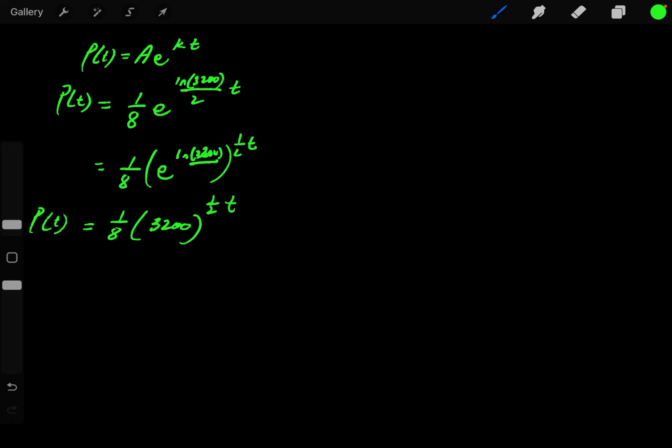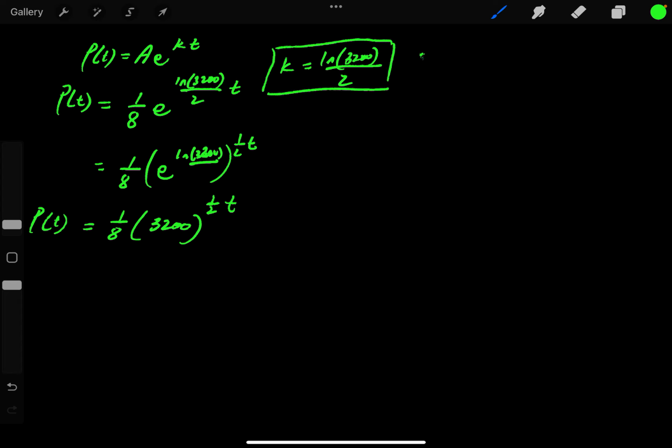And now that we have p of t, we can answer all these questions that they ask. They ask, what's the relative growth rate? The relative growth rate is ln 3200 over 2. That's k. Okay, that's A. B is, what is the initial size of the culture? 1/8. When t is 0, you get 1/8.